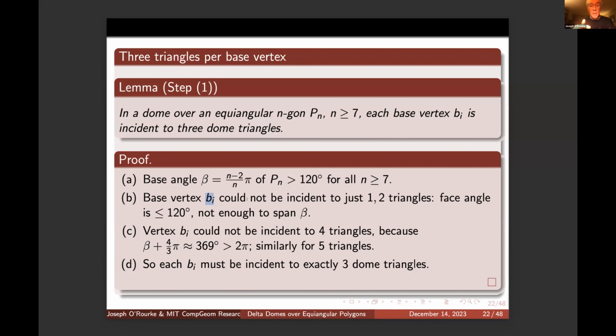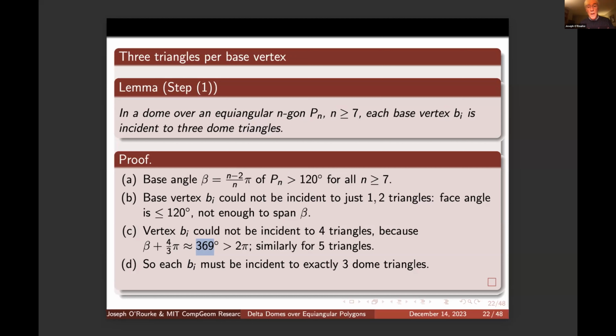It can't be 4 triangles, because then the angle beta plus 4 times 1/3 pi, which is 60 degrees, exceeds 360. And because we're staying convex, we're not permitted to have any vertex have more than 2 pi incident to it.